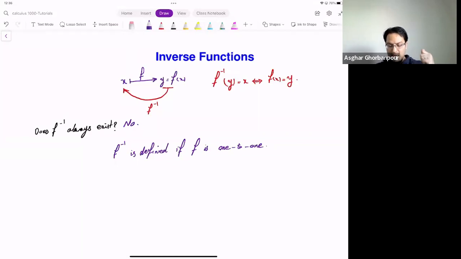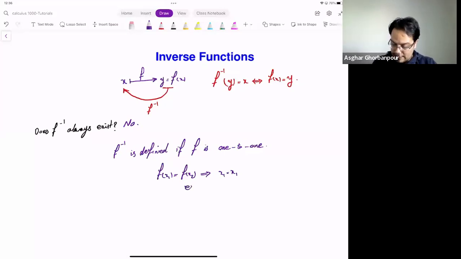It means that if you have different inputs, they will give you different outputs. In other words, one output is not going to be obtained by two different inputs.